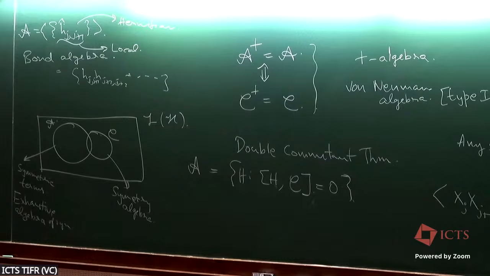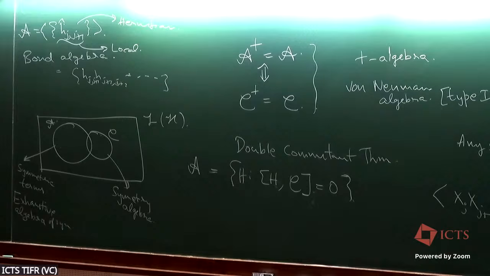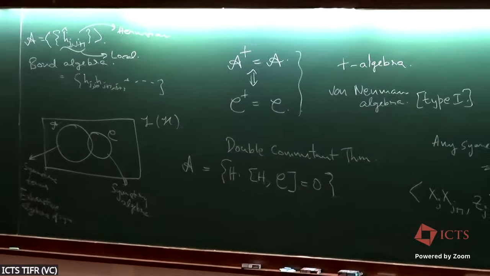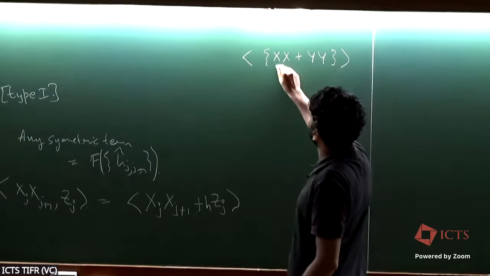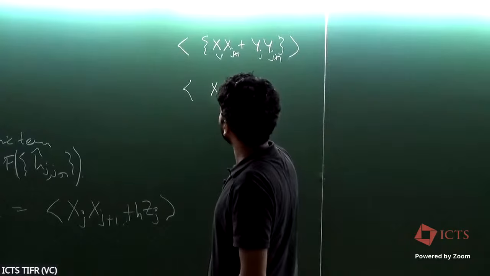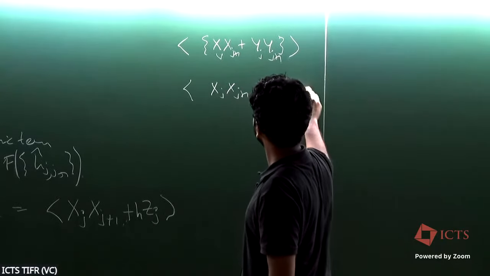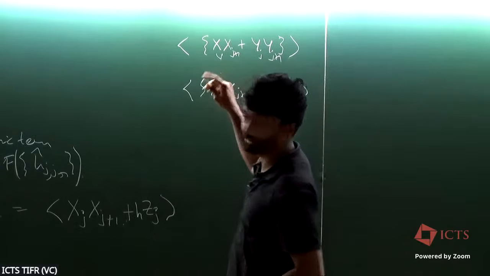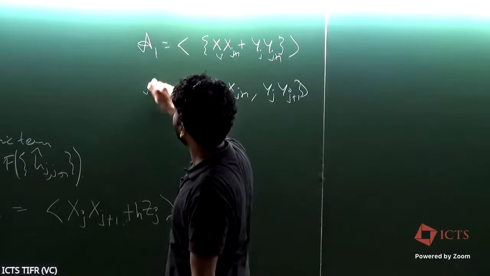Maybe let's do that example. Suppose I have two algebras: one is generated by XX plus YY, and the other is generated by XX and YY, by which I mean I take all terms. The commutants of these are different.